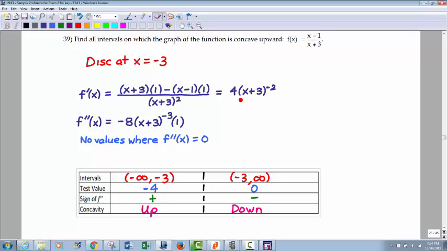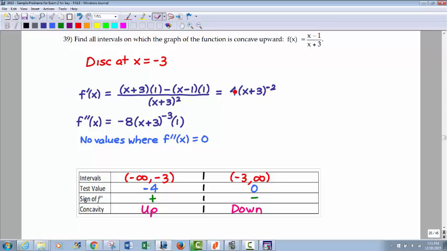The step I skipped was it's 4 divided by x plus 3 squared, which I just lifted up and made negative, because, as you may recall from another problem earlier, when I have a number over a variable term, I generally bring it up and just do the general power rule with the chain rule instead of quotient rule. So I basically lifted that up, and then the rest of that simplifies into 4.